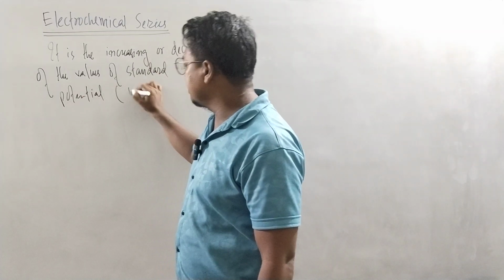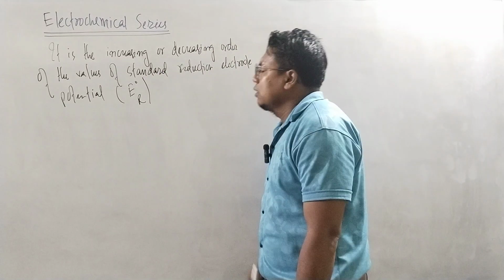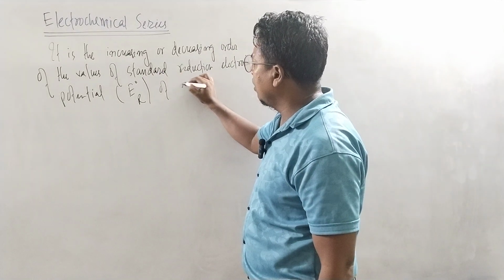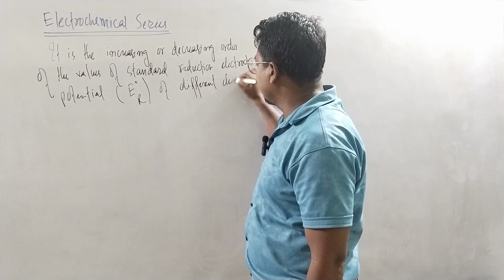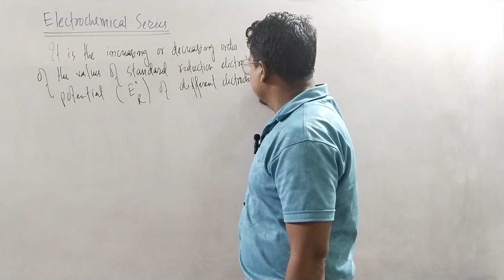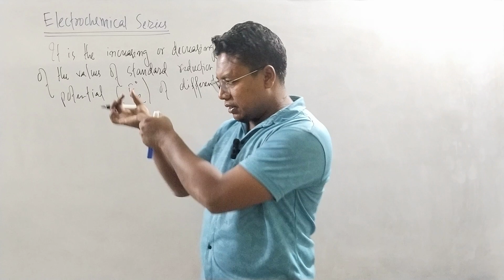This is represented as E_R naught of different electrodes. So reduction is gain of electrons. So let me write the reduction reactions.